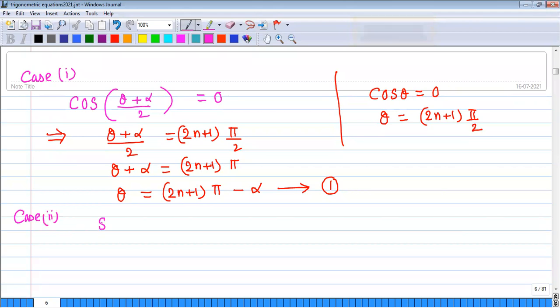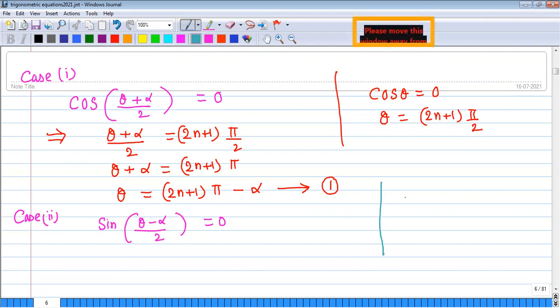From case 2, sin of theta minus alpha by 2 is equal to 0. Already we had discussed that sin theta is equal to 0 means theta is equal to n pi, where n belongs to Z. So theta minus alpha by 2 is equal to n pi.